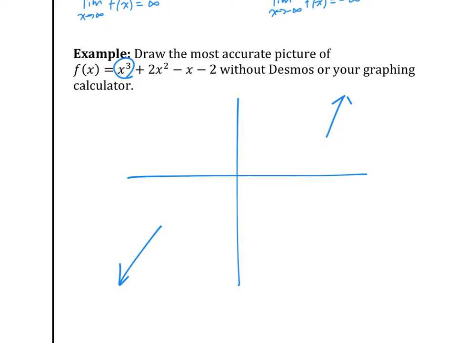What can we do? How do we figure out what's going on in the middle? Not really P over Q. We need to factor.